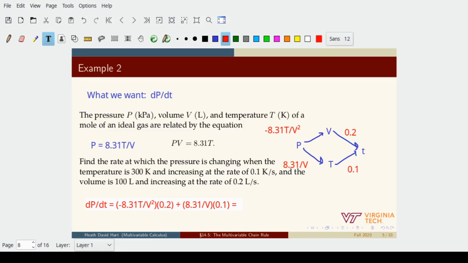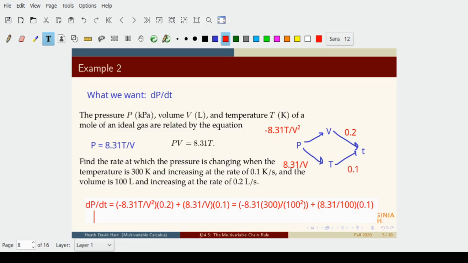And then we can go ahead and calculate this out by making substitutions for T and V. T is 300 kelvins, so 8.31 times 300 kelvins divided by V squared, which is 100 squared, plus 8.31 over 100 times 0.1.